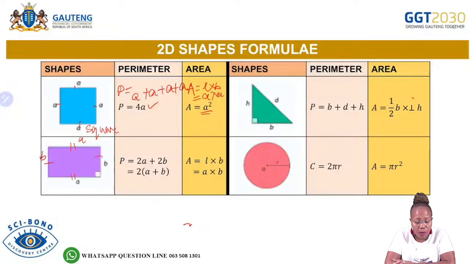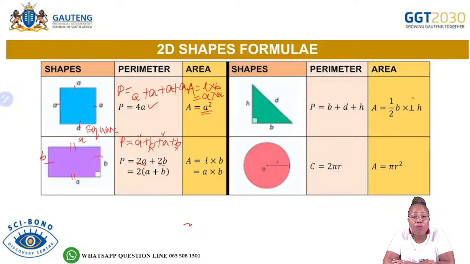Okay, now let's look at the perimeter of this particular rectangle. A perimeter is the distance around the shape. So going around, we have A plus a B side plus another A plus B. Now check like terms: A plus A gives 2A, and B plus B gives 2B.